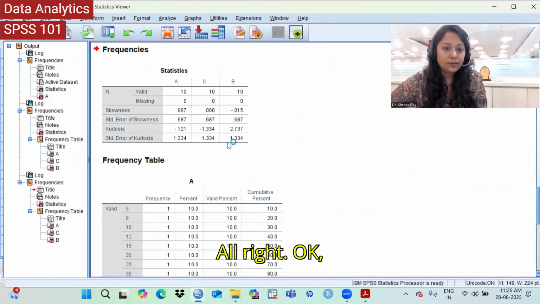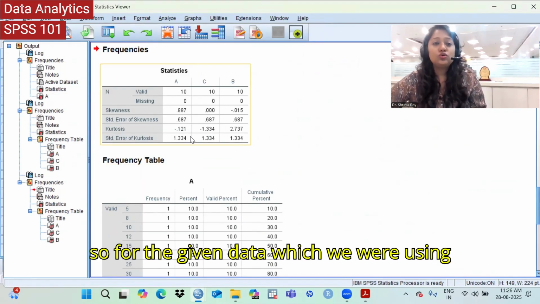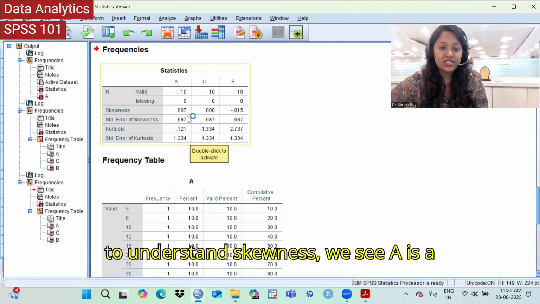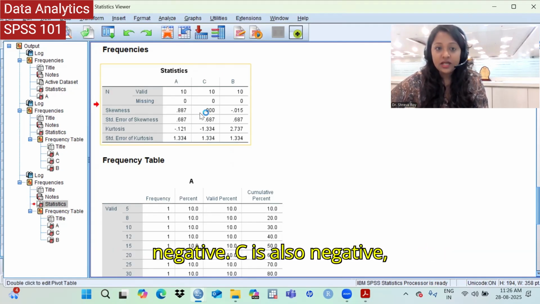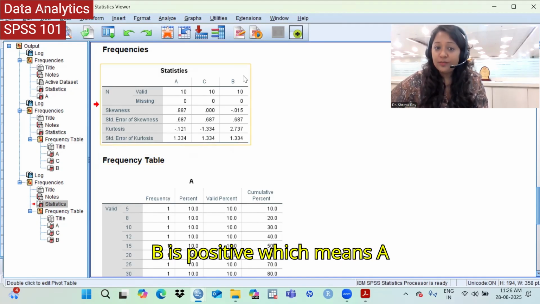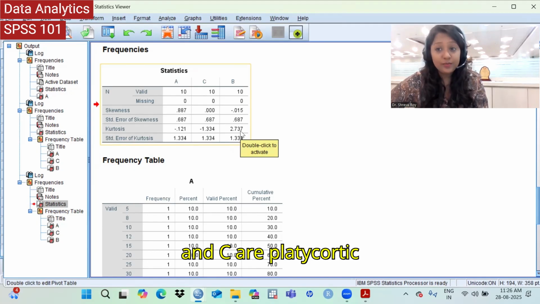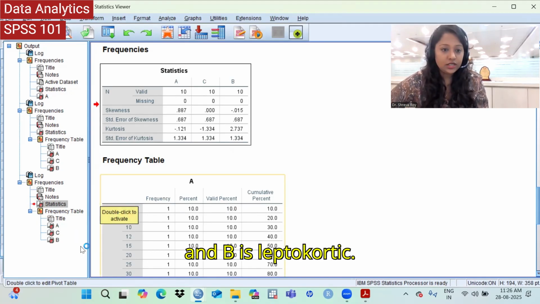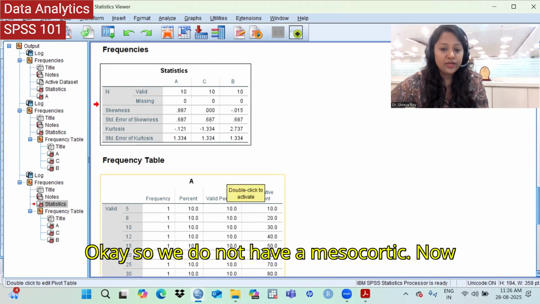All right. Okay, so for the given data which we were using to understand skewness, we see A is negative, C is also negative, B is positive, which means A and C are platykurtic and B is leptokurtic. Okay, so we do not have a mesokurtic.